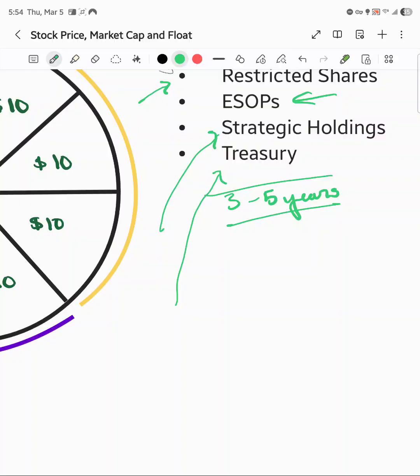Usually when the companies buy back their own shares from the market, it's called stock buybacks. Treasury could include stock buybacks and other strategic ways to hold company stock in the company.